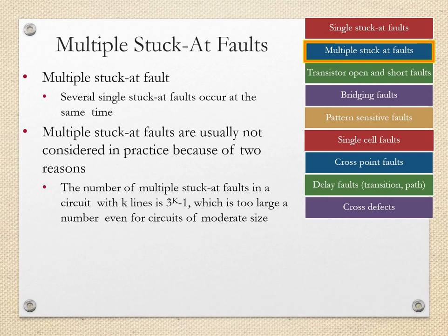So if the last circuit is considered, with multiple stuck-at faults, 2 faults may be present, 3 faults, or 4 faults, and in that also, which 2, which 3, which 4, there are so many combinations. So the total number of faults we can consider is 3 raised to k minus 1, where k is the number of lines.